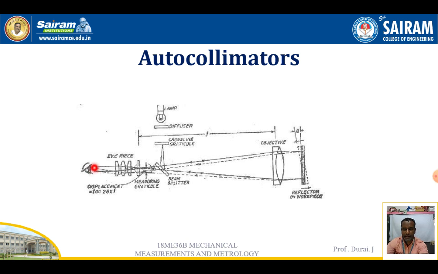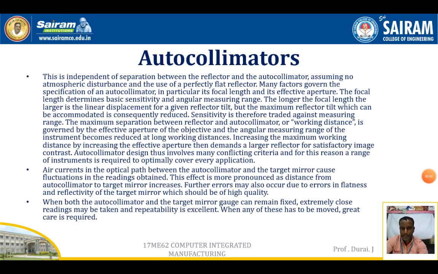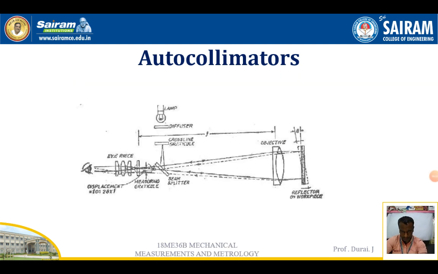The difference between the two positions can be measured with the help of the microscope autocollimator reading. With the help of that, we can find the difference. In this way we find the differences in the autocollimator. Even small angles can be found with the help of this autocollimator device. Okay, this is about the autocollimator. Thank you.